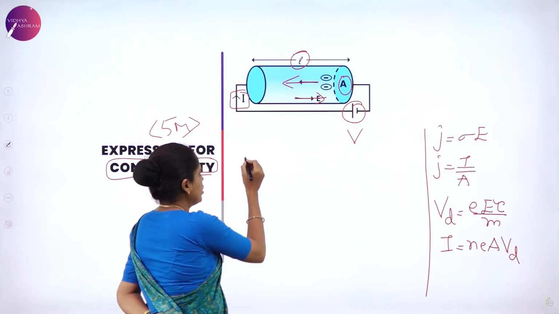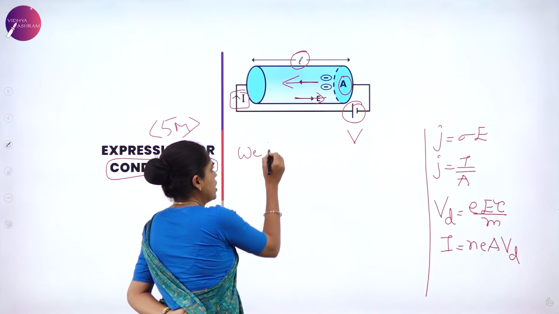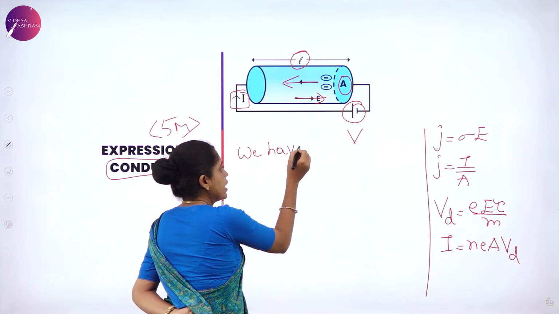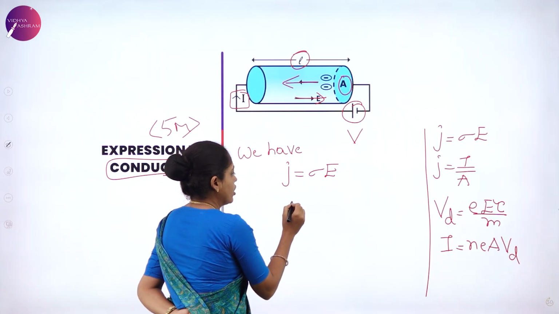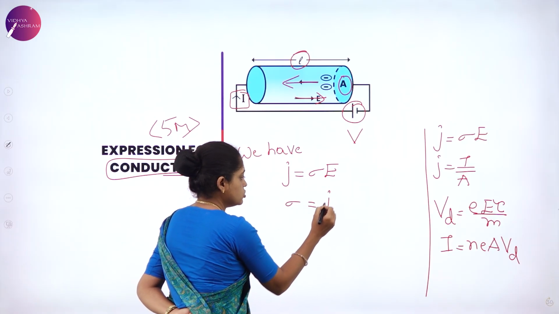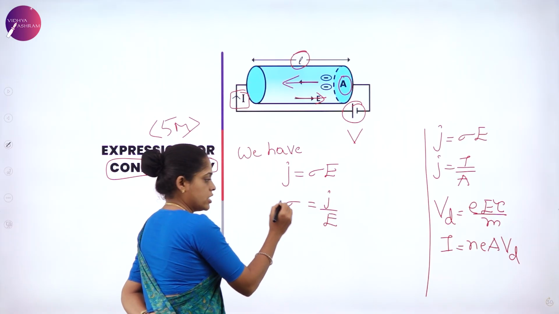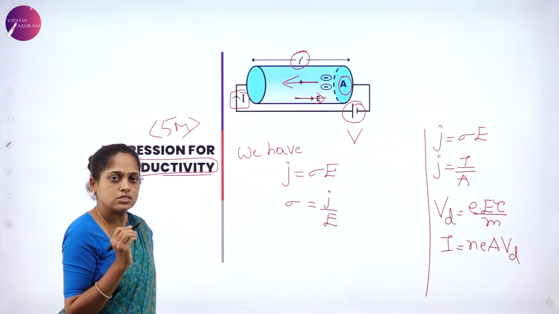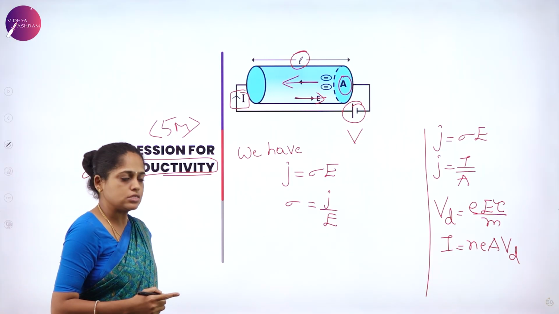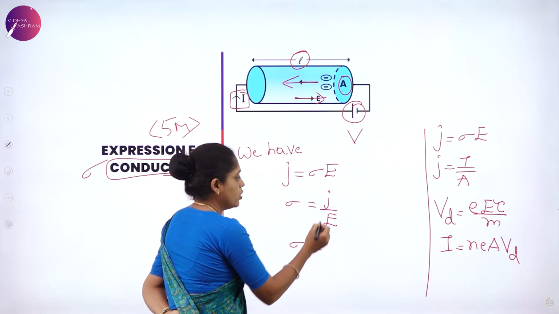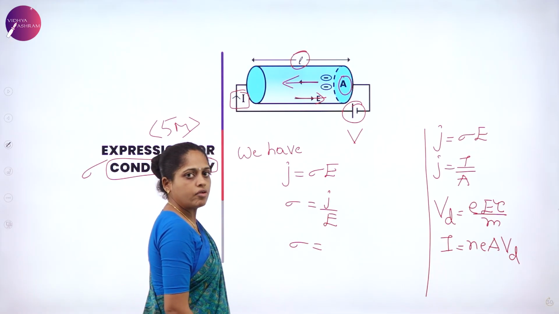So to derive conductivity, we have current density J, J is equal to sigma E. From this, sigma is equal to J by E. What is sigma? Sigma itself is the conductivity, and I need the expression for sigma. What is J according to the definition?